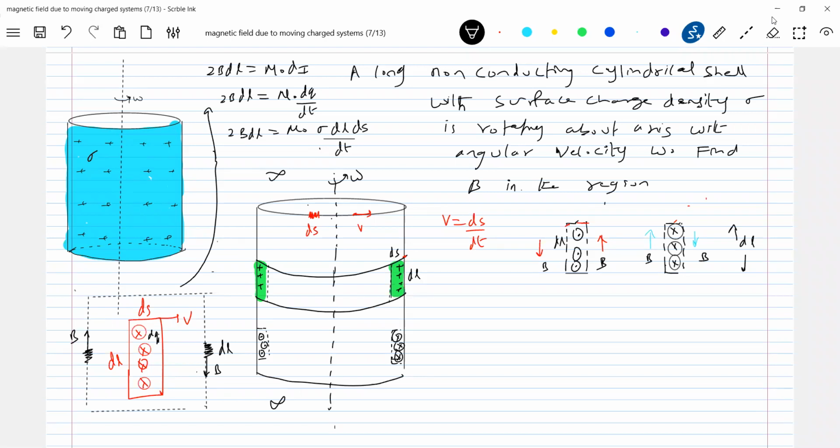Now, what V is: ds by dt. This V is ds by dt, no? I have indicated it at many places. So 2B dl is equal to mu naught sigma dl ds by dt.